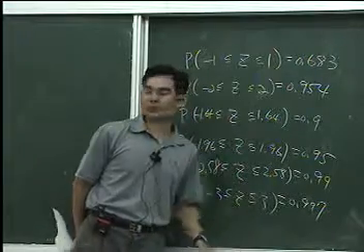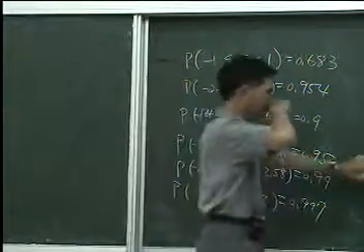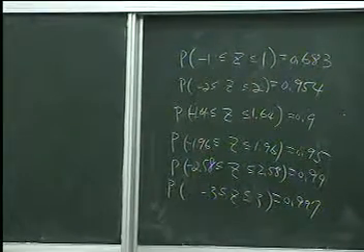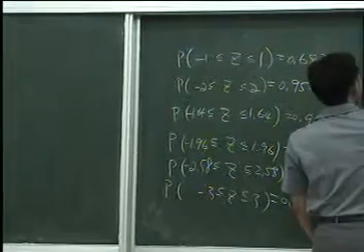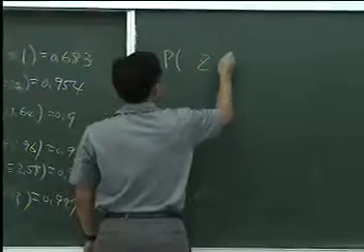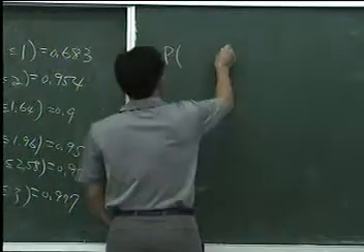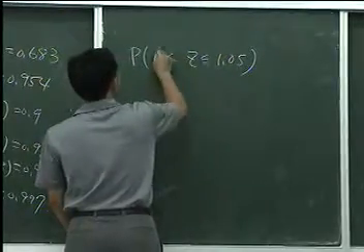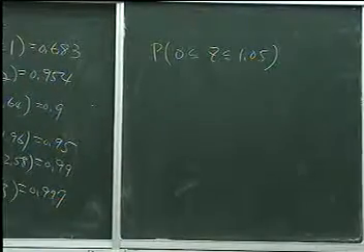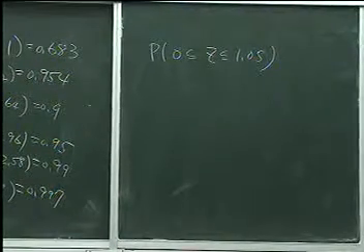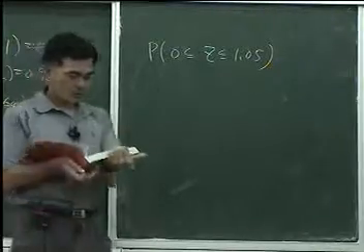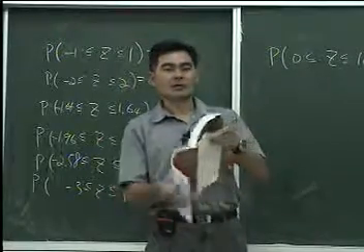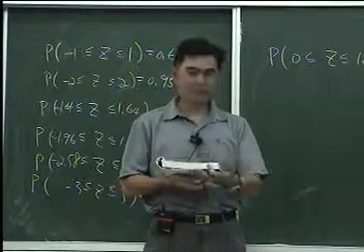Now let's look at how to use that table. Let us say we want to check P of Z less than or equal to 1.05 and greater than or equal to 0. What is the probability? Please take out your book and turn to page 758.